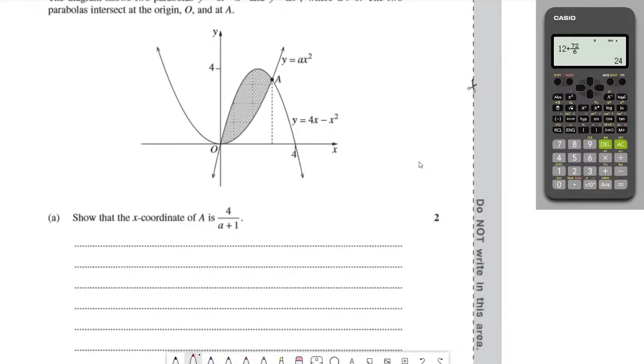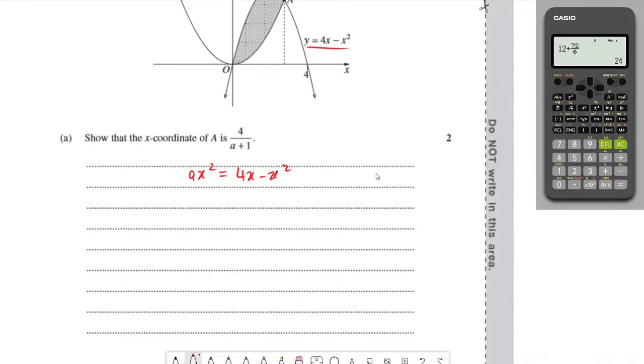When is this thing equal to this thing? They're both in terms of y, so we can write ax squared is equal to 4x minus x squared. Solving this, we get ax squared plus x squared minus 4x is equal to 0.